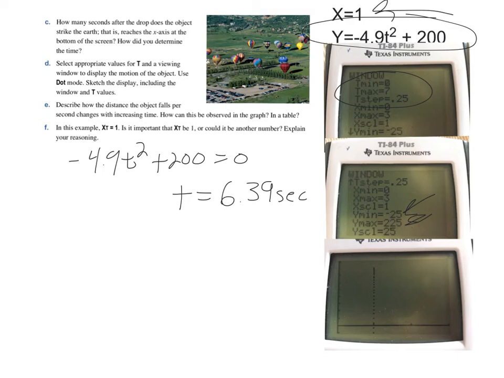I again used disconnected, so make sure your mode is set for dot, and then when you type your equation in to y equals, make sure you have the 3 little dots to the left of y, or x1 being chosen, so you can get this disconnected graph where each dot represents where the object is at a particular time.